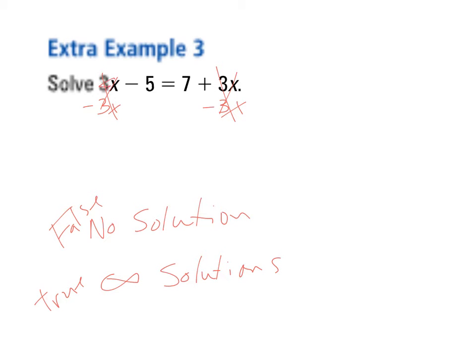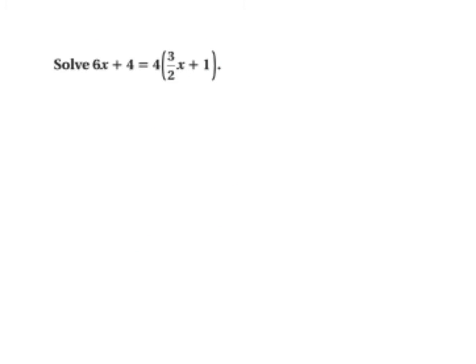So what are we left with? Negative 5 is equal to 7. Does negative 5 equal 7? No, that's a false statement. So, no solution.